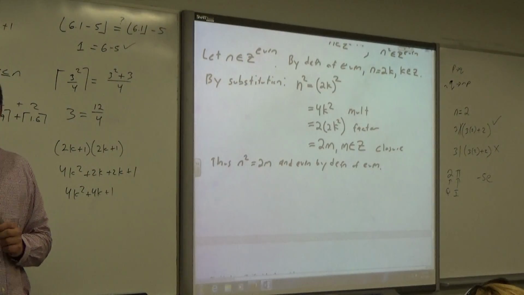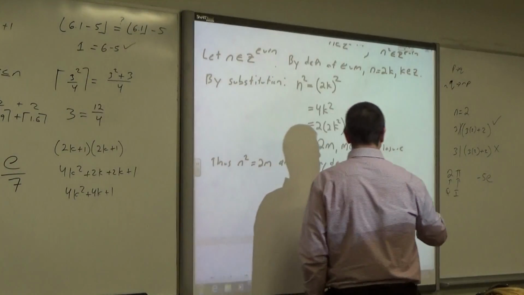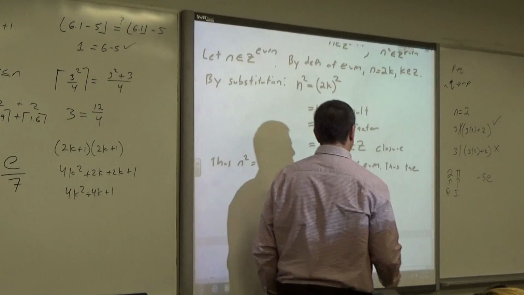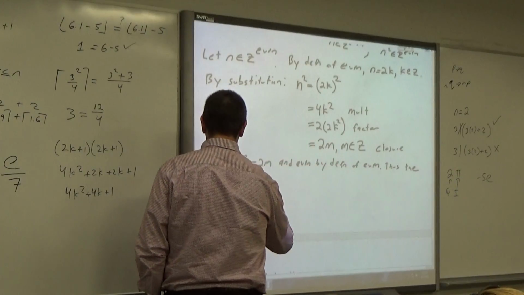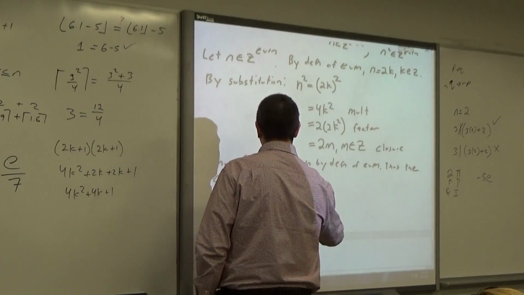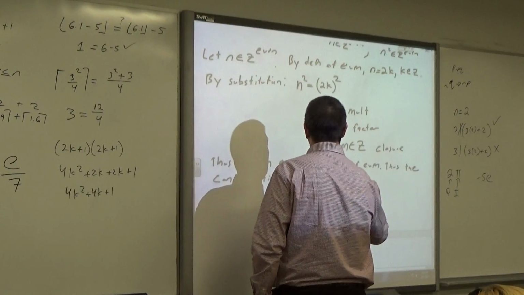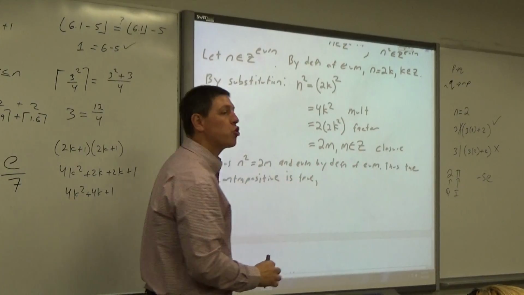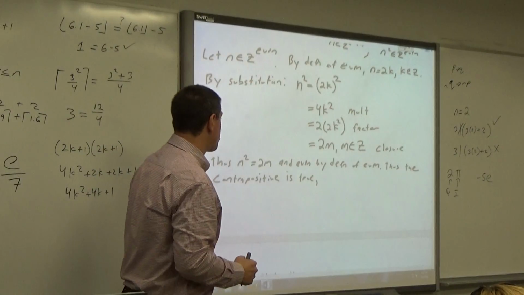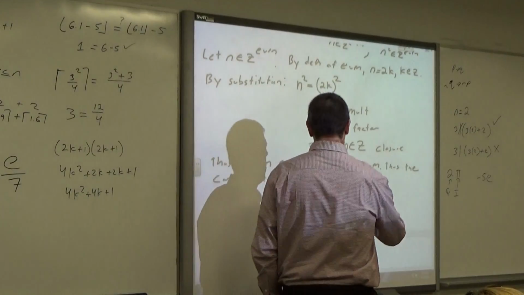Which means that the contrapositive is true. Okay, so thus the contrapositive is true. Which means what? The original statement must be true as well. They're logically equivalent. So thus the contrapositive is true, which means the original statement must be true.